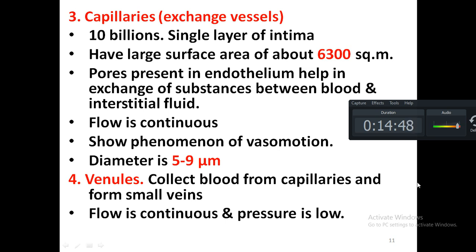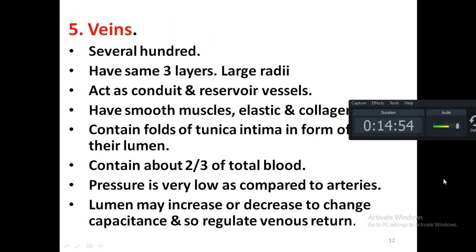Then are the venules. They collect blood from the capillaries and from smaller veins, and flow in the venules is continuous and the pressure is low. Then the veins, of which there are several hundreds. They have the same three layers. They have large radii as compared to their corresponding arteries, and they act as conduit or reservoir vessels.